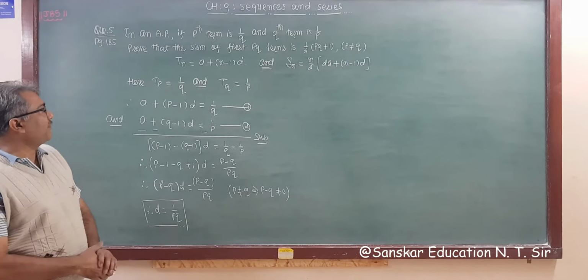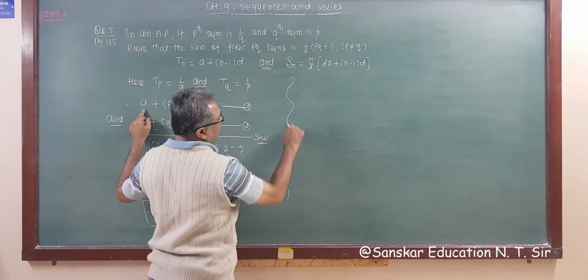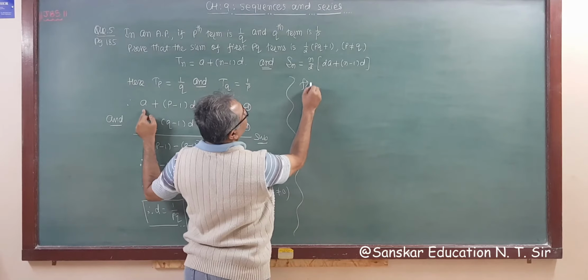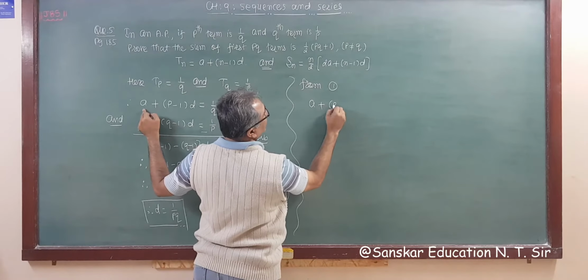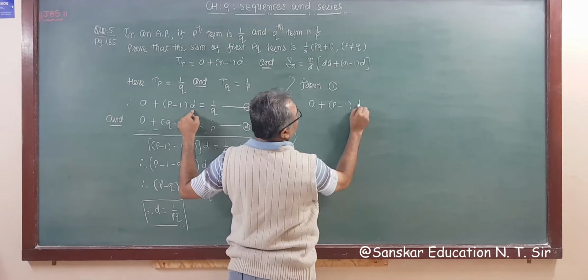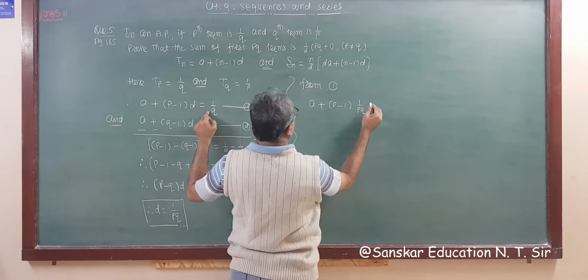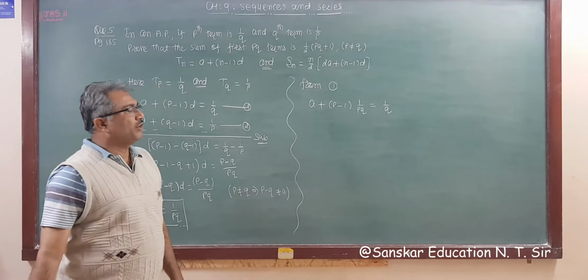Now we have to find out a also. So substituting the value of d in 1, from 1 we get a plus (p minus 1) into d, d is 1 upon pq, is equal to 1 upon q.